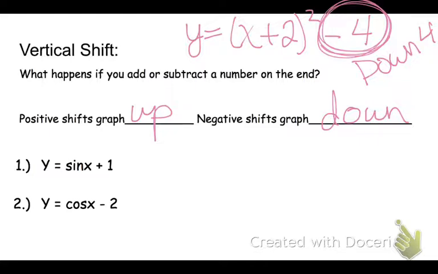Now remember, since we're outside of the parentheses, nobody's lying to us. If it's plus something, we're going up. If it's minus something, we're going down. So for this first function, y equals sine x plus 1, we're going up 1 unit. y equals cosine x minus 2 means we're going down 2 units.